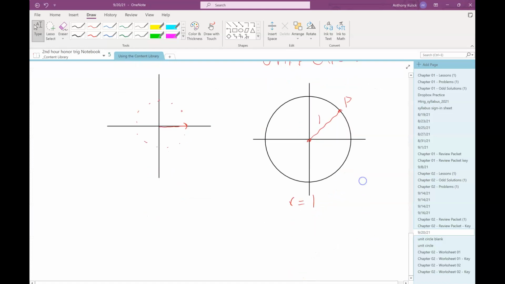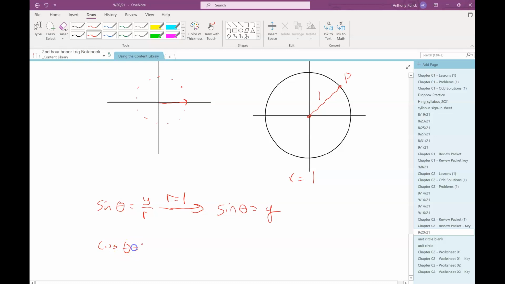Because if we take our unit circle, we know that sine theta was y over r. But in the unit circle, r is just 1. So sine theta is the y coordinate of whatever that point P is.